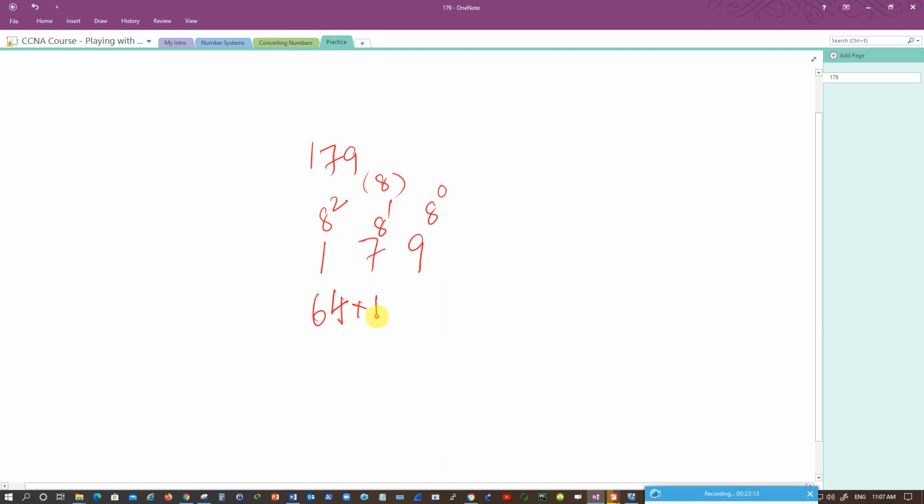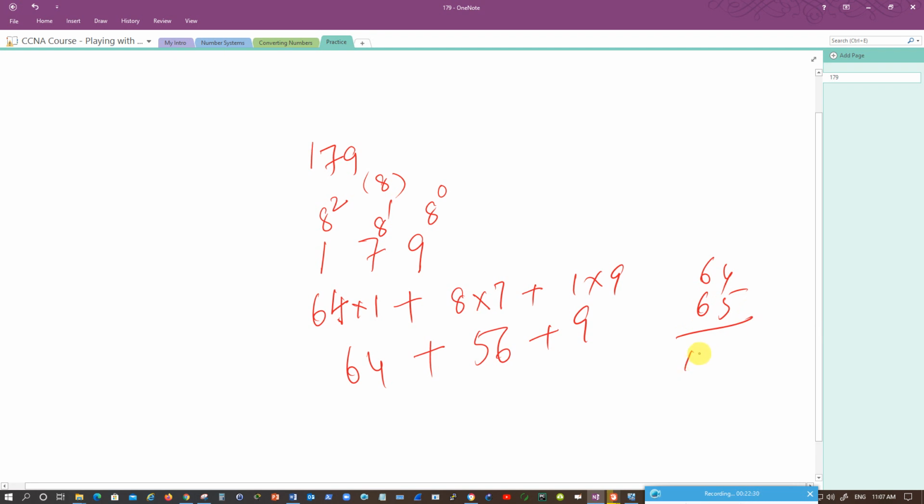So 64 into 1 plus 8 into 7 plus 1 into 9. 64 plus 56 plus 9 gives 64 plus 65, which is 129. So 129 is the decimal equivalent of octal 179.